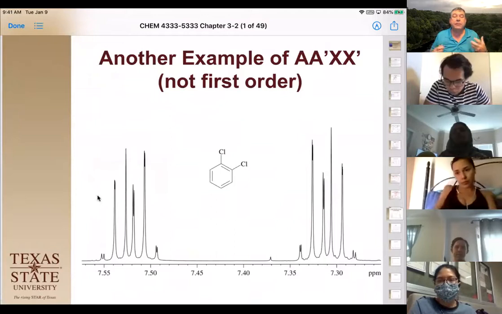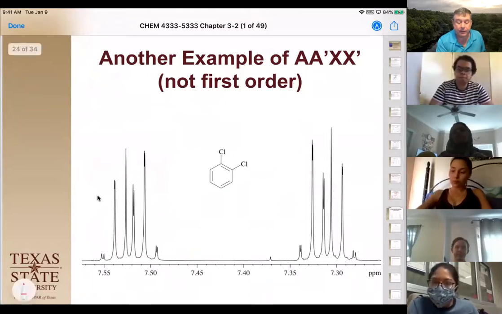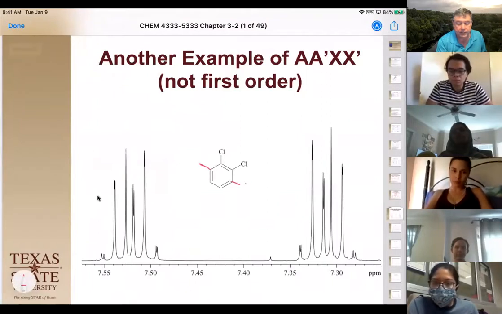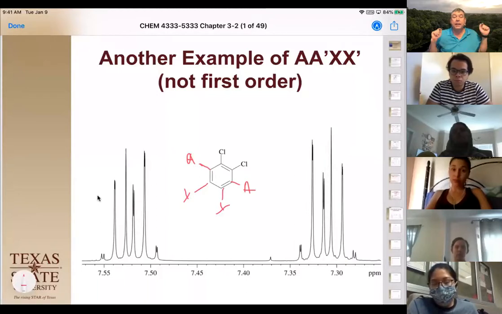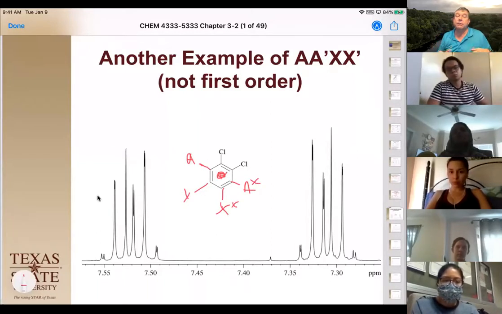So another way we can see that is in this case right here, we'd expect to see a different doublet of doublets because in theory, this A and this A should look the same, and this X and this X should look the same. However, because we have this magnetic field coming through the center of the system here, this side has a slightly different influence on the magnetics than this side.